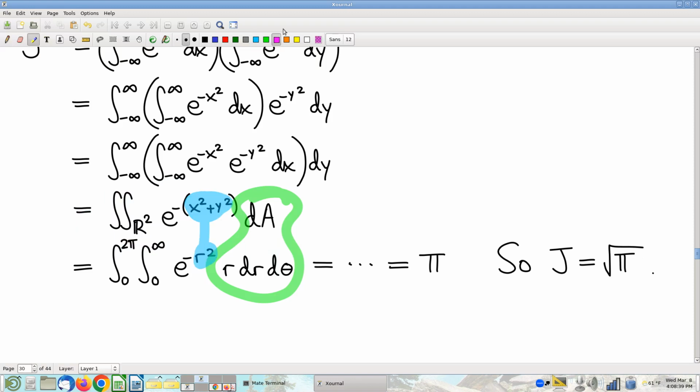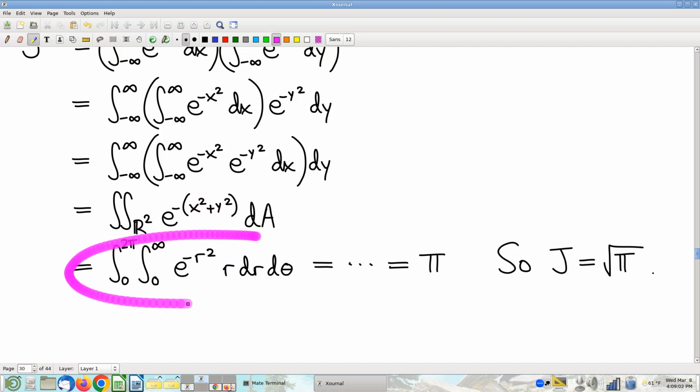And all possible values of x and y mean that r and theta range over all possible values. I just have to be able to sweep out the entire xy plane. So theta goes all the way around, and r goes from the origin all the way out in all different directions. And now let's look at what we've turned this into: this double integral, now written in polar coordinates.